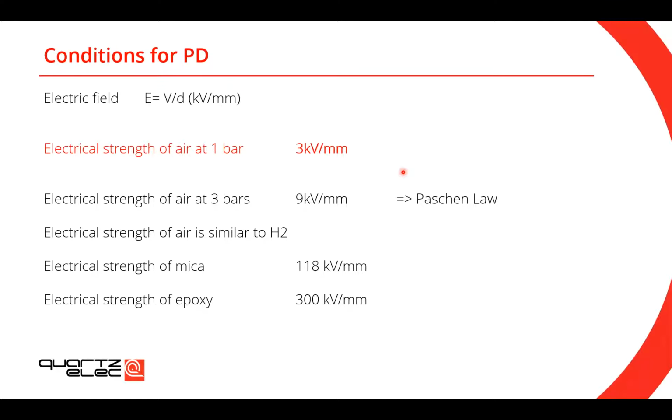What we can also see on this slide is that the electrical strength of the materials that are used to insulate our stators, like mica or epoxy, is very, very high, way higher than the electrical strength of air. As you can see, 118, 300 against 3. So that's clear that if you have partial discharge, it will take place in the air rather than in the material itself. So this is the important bit that you need to take away from that slide.